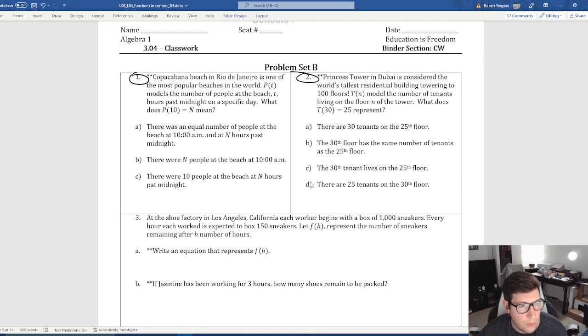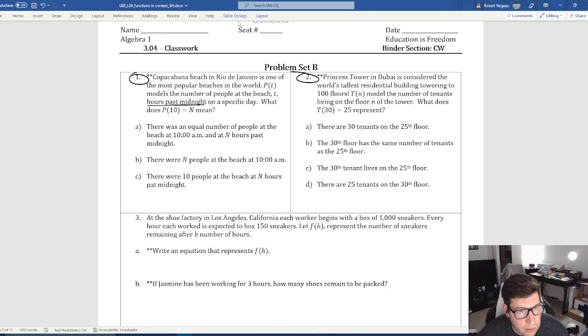All right, so let's take a look. Copacabana Beach in Rio de Janeiro is one of the most popular beaches in the world. P of t models the number of people at the beach t hours past midnight on a specific day. And so the question is, what does P of 10 equals N mean? Okay, well, let's see. Hours past midnight.